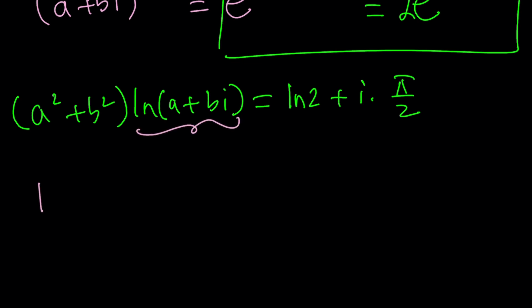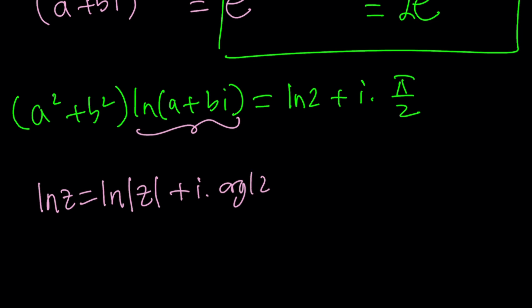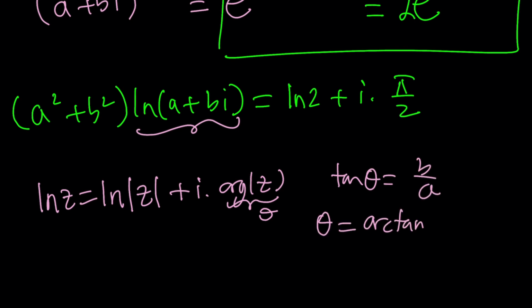The log of a complex number z is ln of the absolute value of z plus i times the argument of z. What's the argument of z? If this is called theta, and tangent theta is b over a, theta can sometimes be found by arctangent b over a. I say sometimes because you have to check the quadrant.